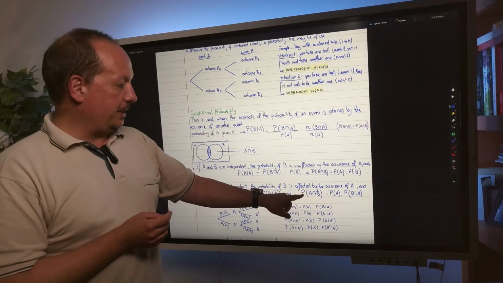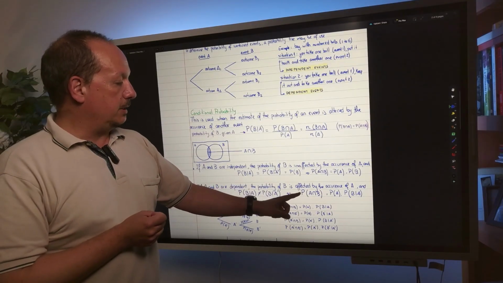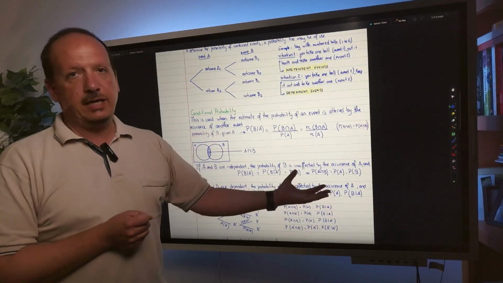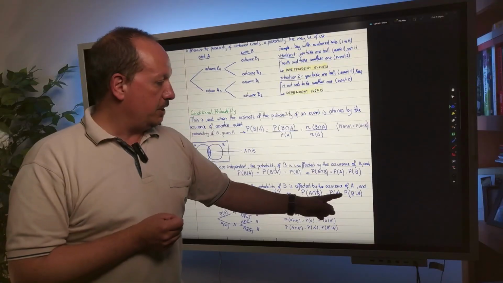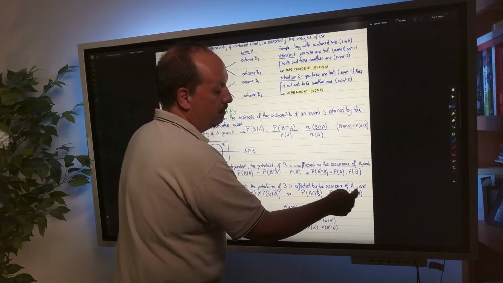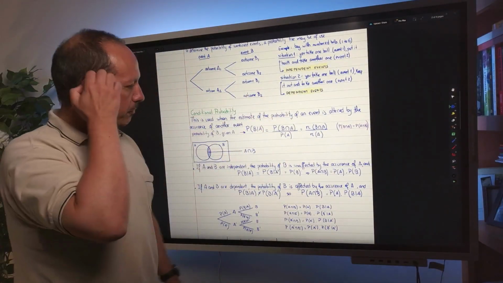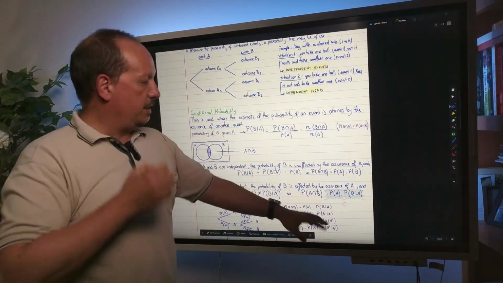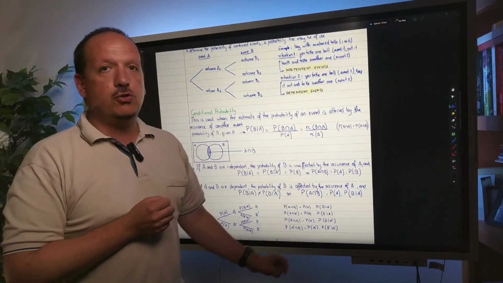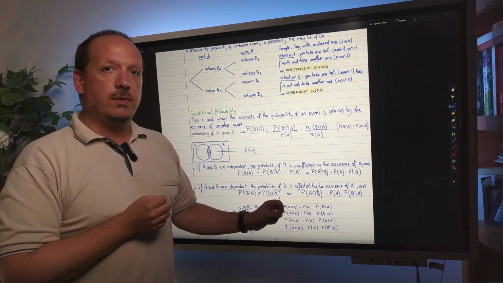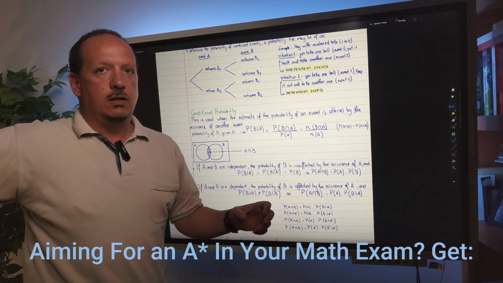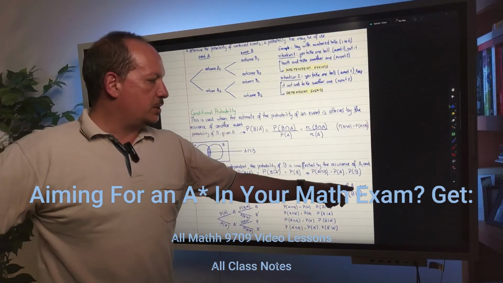So what does this mean? This means that the probability of combined events, A and B, is going to be the probability of A, which doesn't change, multiplied by the probability of B knowing A. In the example before, this is no longer going to be the probability of B, which was 1/5. This is going to be 1/4, because now we know what happened in A, that is, one ball was kept out of the bag, so this probability changed.